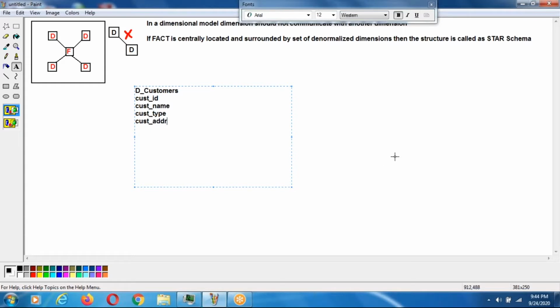It is one dimension table. Similarly, I'm having one more table called D underscore stores. It is consisting of store ID, store name, store type, and store address.